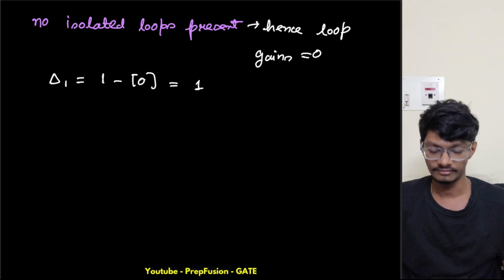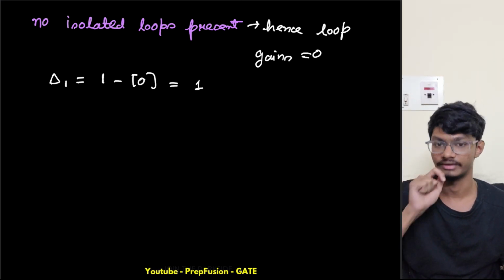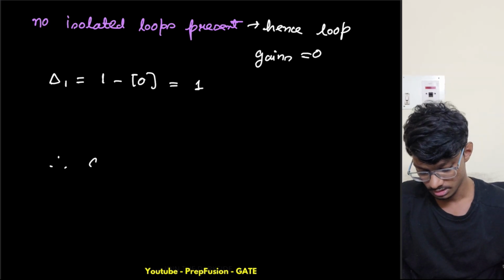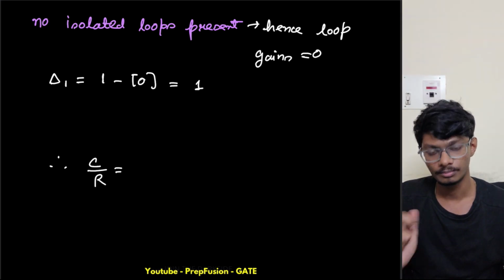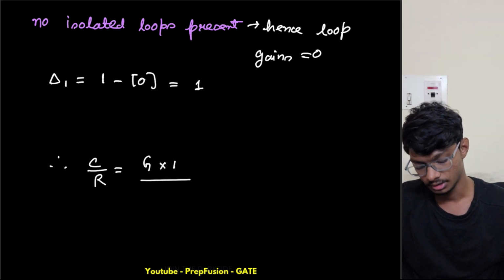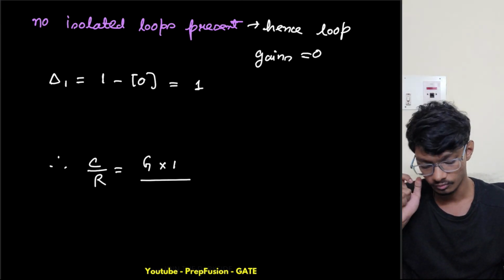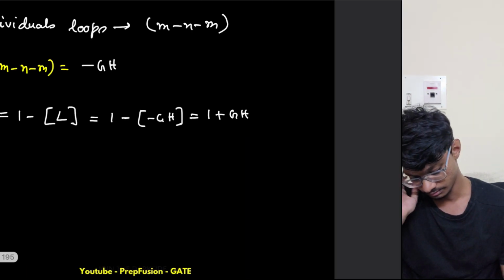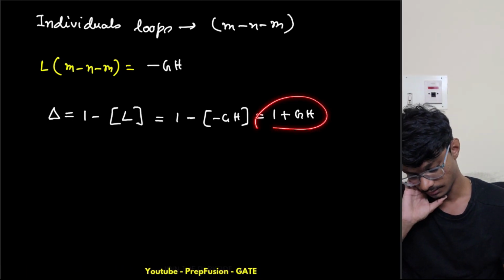So now I can finally put all the values in the final equation. C by R will be P1, which was G only, times delta 1, which is 1 only, divided by delta, which is 1 plus GH.